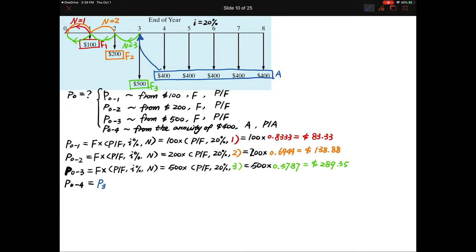Okay? And then once you have that P3, you can convert that P3 to P0. And the way you convert that P3 to P0 is to use that P3 as a future value and convert that future value to P0.